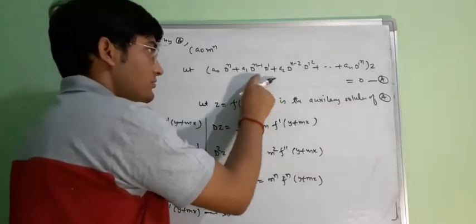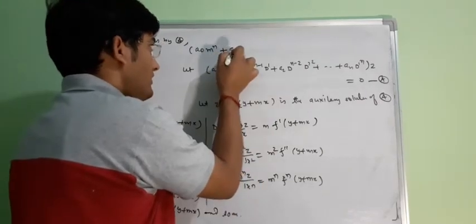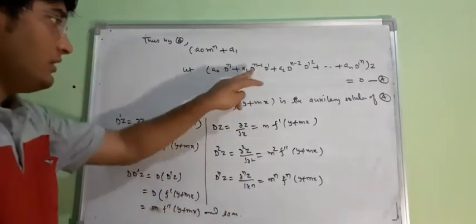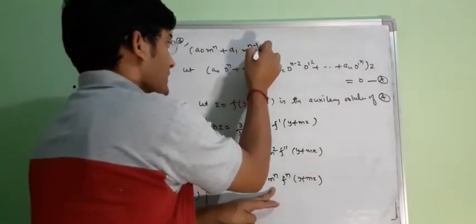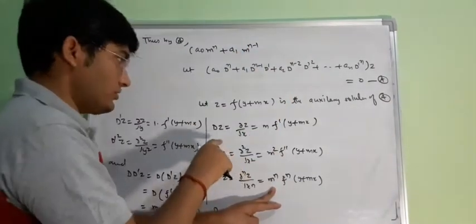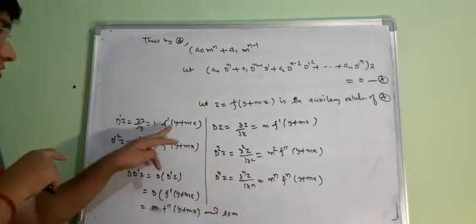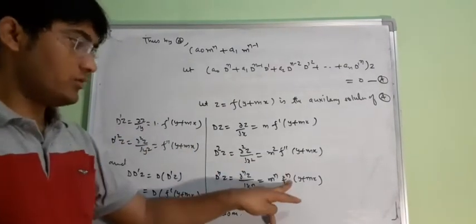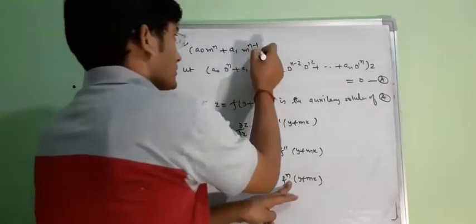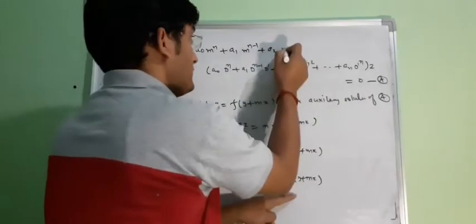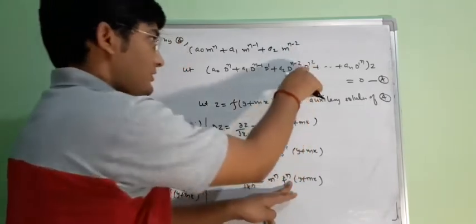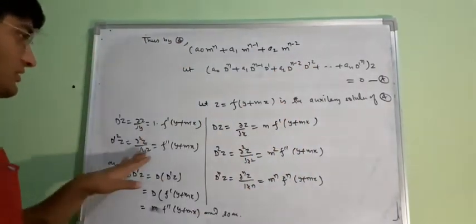Here you can see that we will have a1, the n minus 1th derivative will be your m power n minus 1, and the first derivative with respect to y will be your f dash. So this will be your power n. So here you will get the n minus 2th derivative, means m power n minus 2, and the differentiation with respect to D dash means just f double dash.